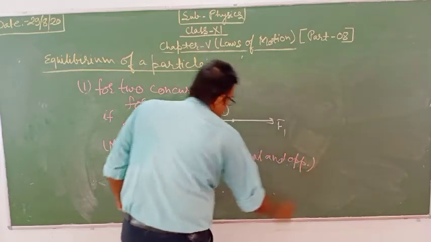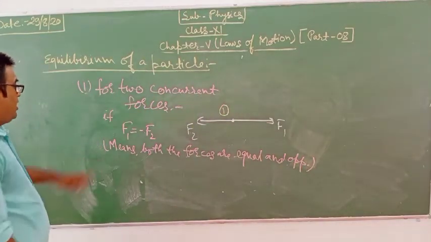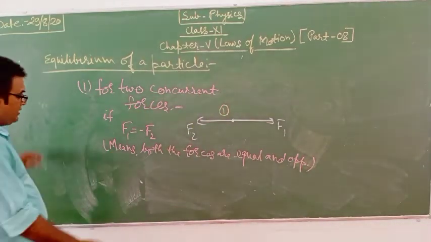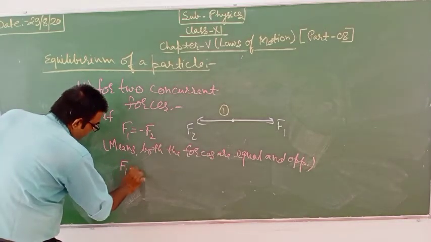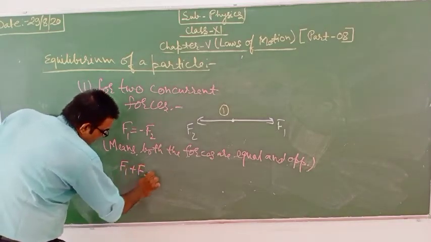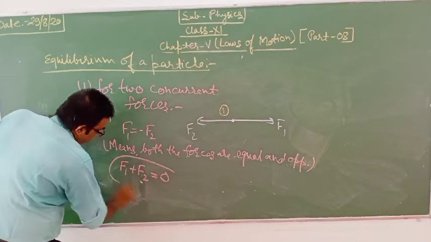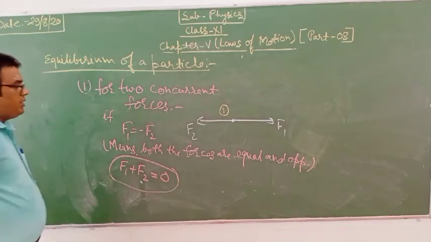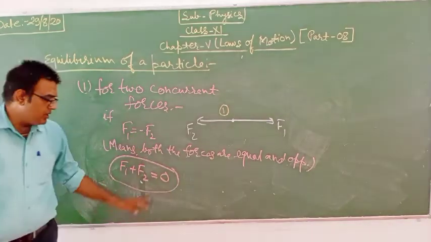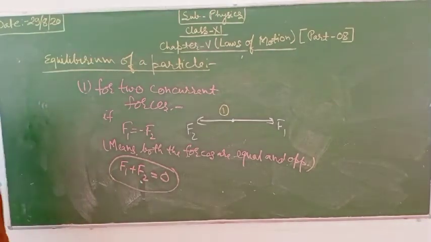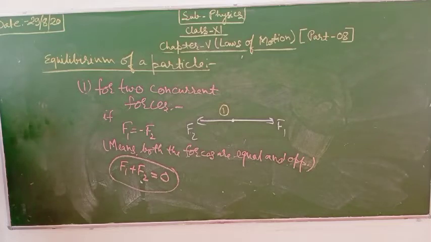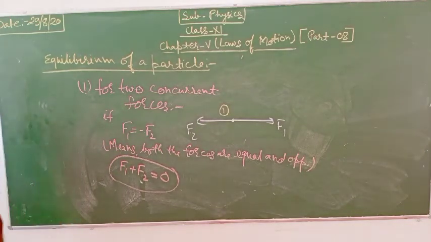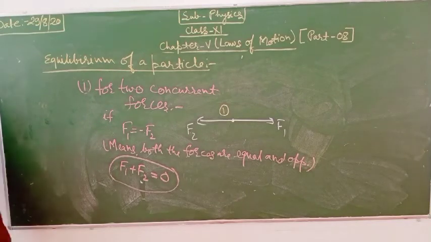From here we can write F1 plus F2 is equal to 0, meaning the net resultant force in this case is 0, and these forces are said to be concurrent and in equilibrium.